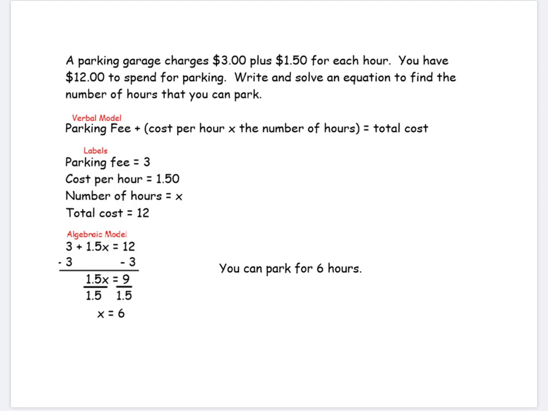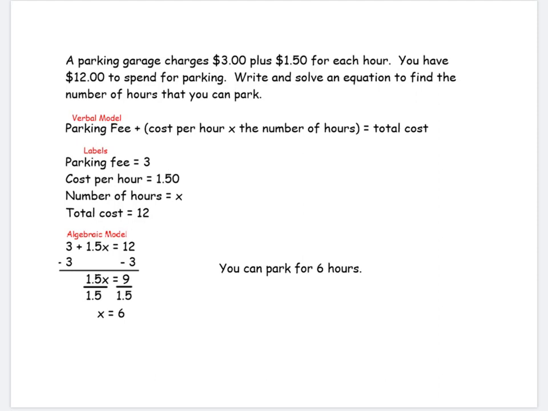So if we're paying $1.50 for each hour, in order to figure out how much it would cost for multiple hours, you would have to multiply that $1.50, or that cost per hour, by the number of hours that you were there. So my verbal model is the parking fee plus the cost per hour times the number of hours that I'm there, and then that is equal to the total cost.